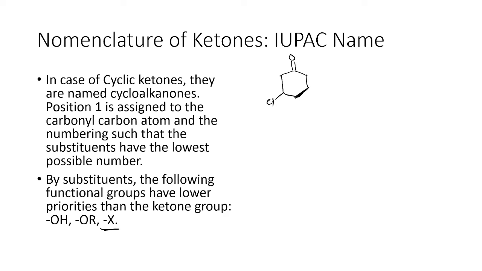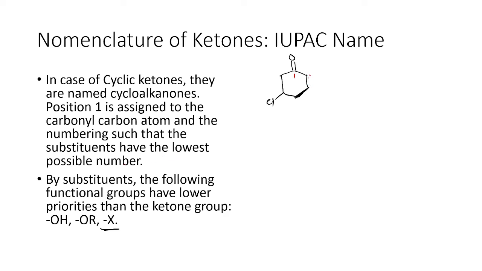We have here our alcohol, our alkoxide, or yung ating mga oxo, and we have here our chlorine. And in here, sabi rin sa unang rule, we will have position 1 in our carbonyl atom. So this will be 1. And we need to give the lowest possible position number for our chlorine.